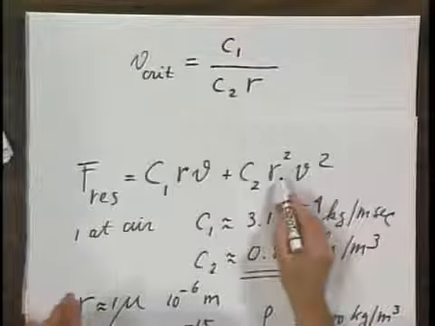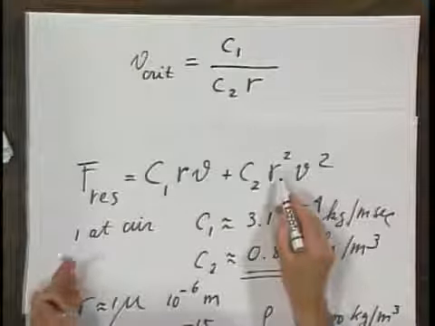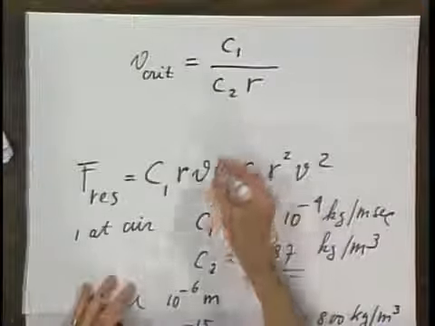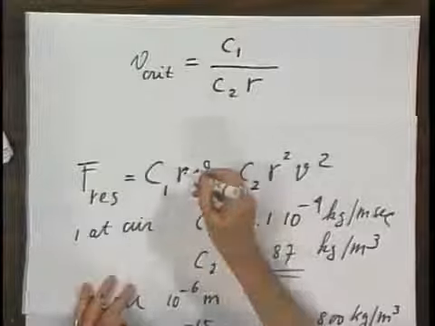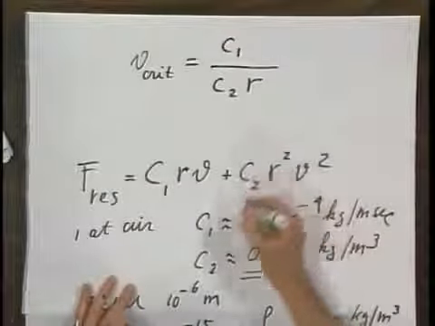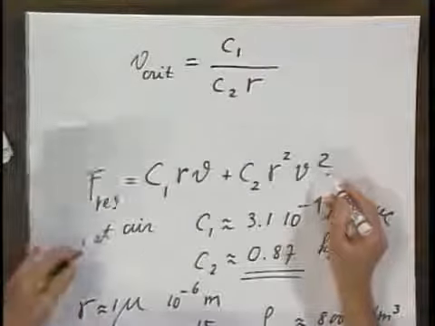Don't confuse that with the terminal speed. It's a speed whereby this linear term has the same magnitude as this term in V squared.